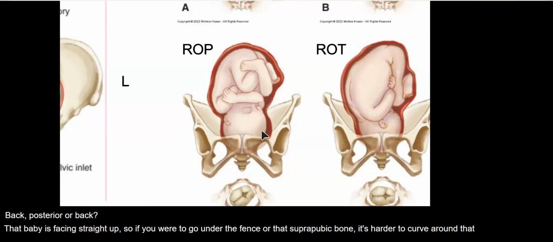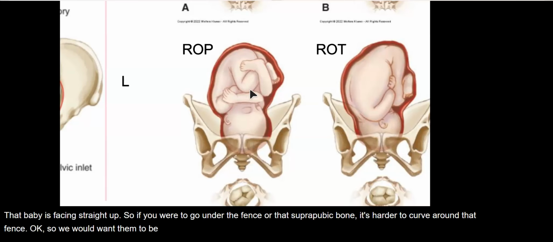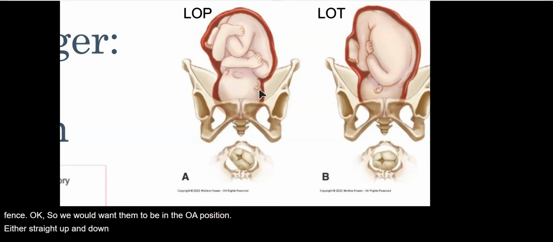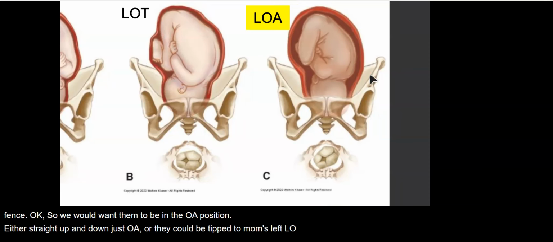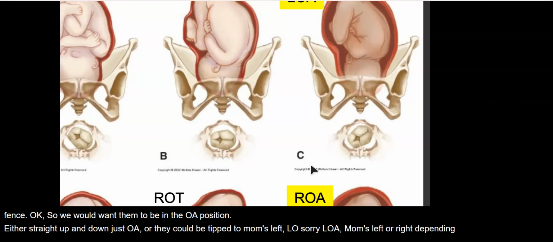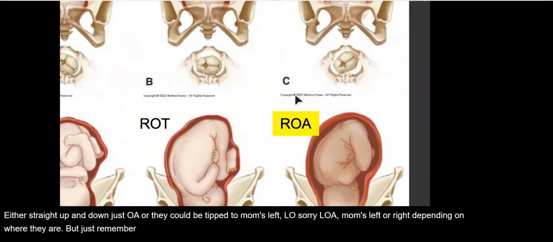Okay, so we would want them to be in the OA position, either straight up and down, just OA, or they could be tipped to mom's left, LOA, or right, depending on where they are. But just remember, OA means that's our optimal position.